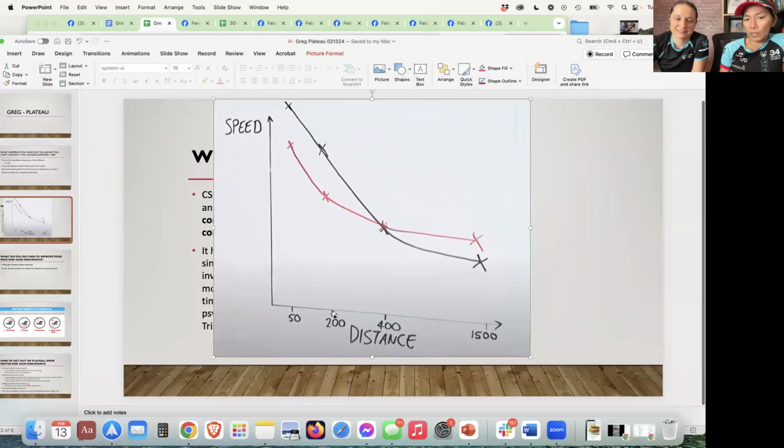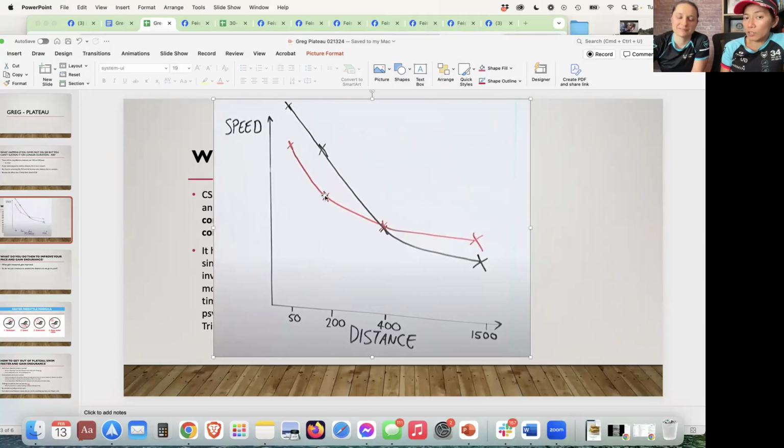All right, this is the 200, this is the 400. The higher that is, the faster. Now, if the athlete did a 200, the faster athlete, the sprinter, will hit here. The athlete who has good CSS data will hit here.